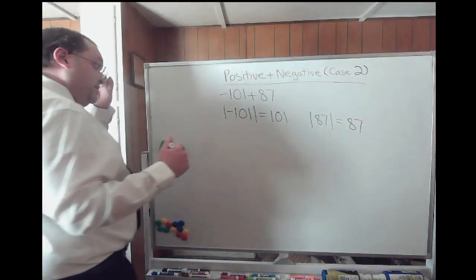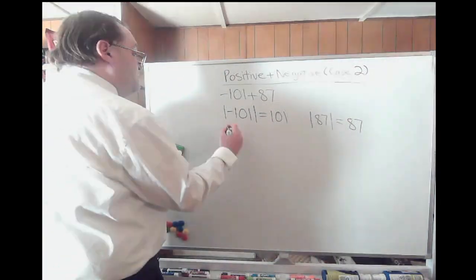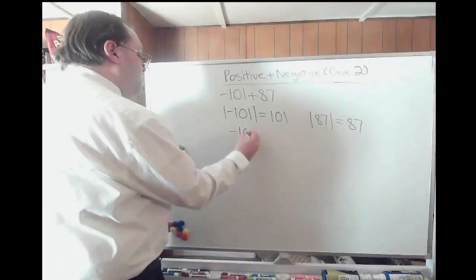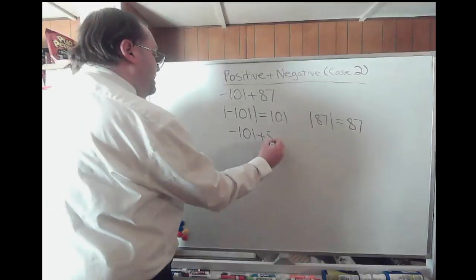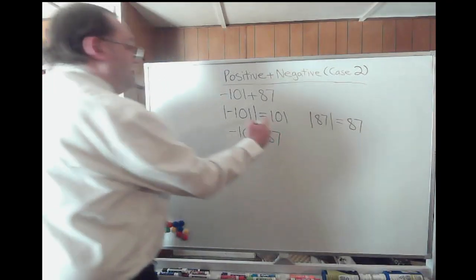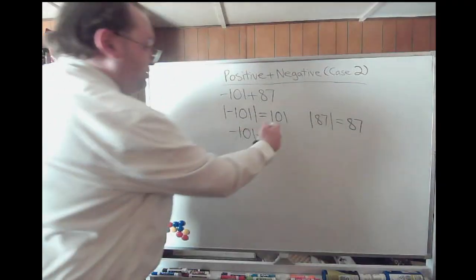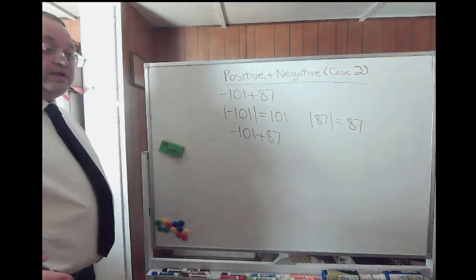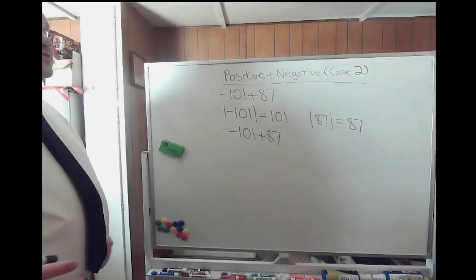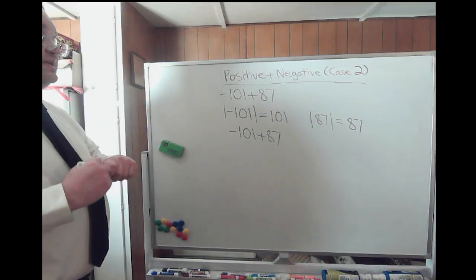There is a trick to that. So you have negative 101 plus 87, right? We've already determined that the bigger absolute value, being negative 101, is the bigger number. It's negative, so you're going to get a negative result.